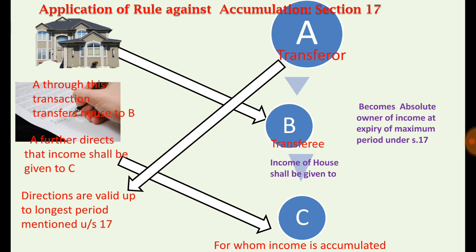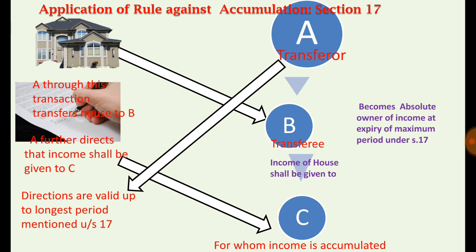They are valid only up to this period and not beyond that. So as soon as that longest period expires, B the transferee becomes the absolute owner of the income, and then he is not required to pay it to C. So this is the rule of accumulation.